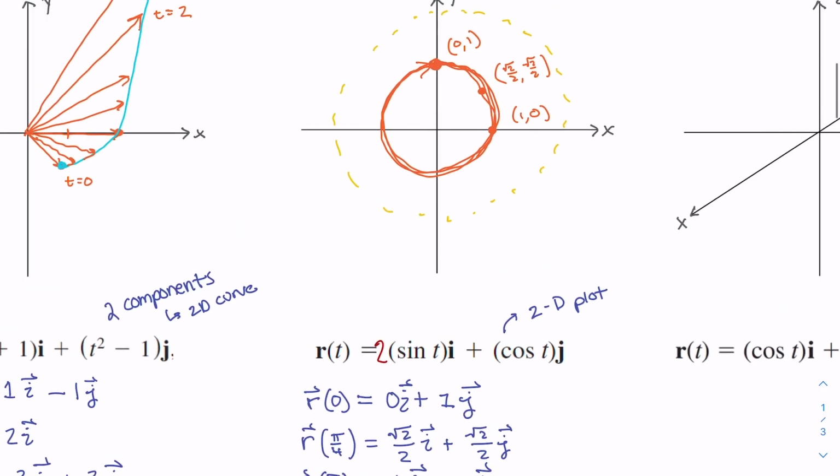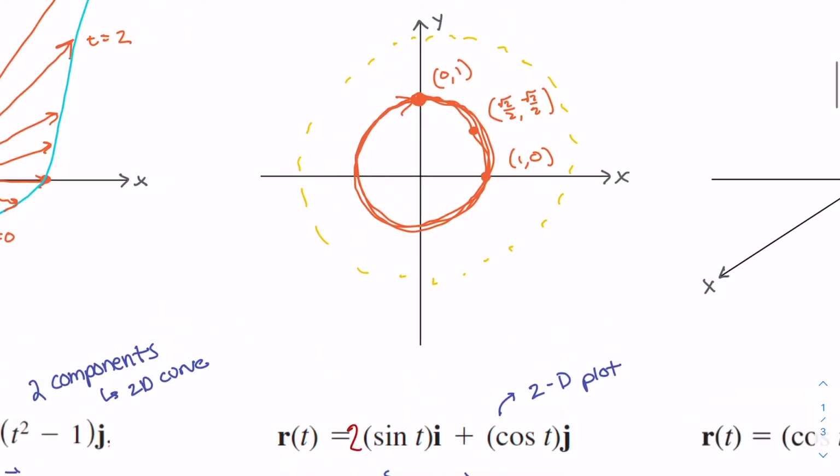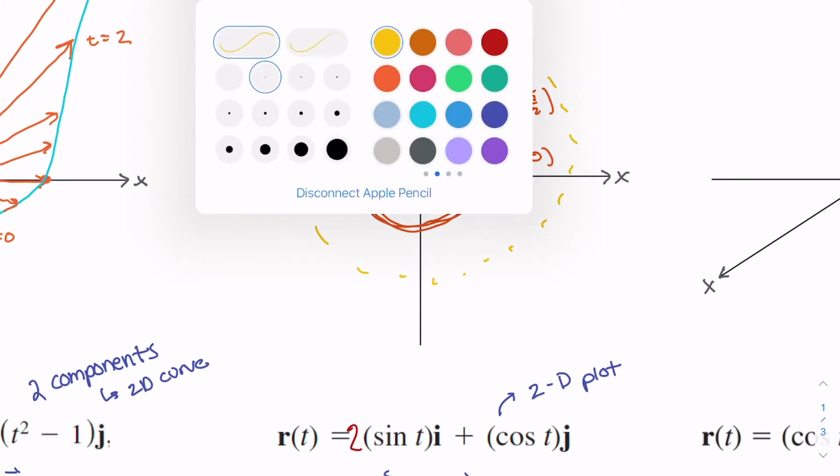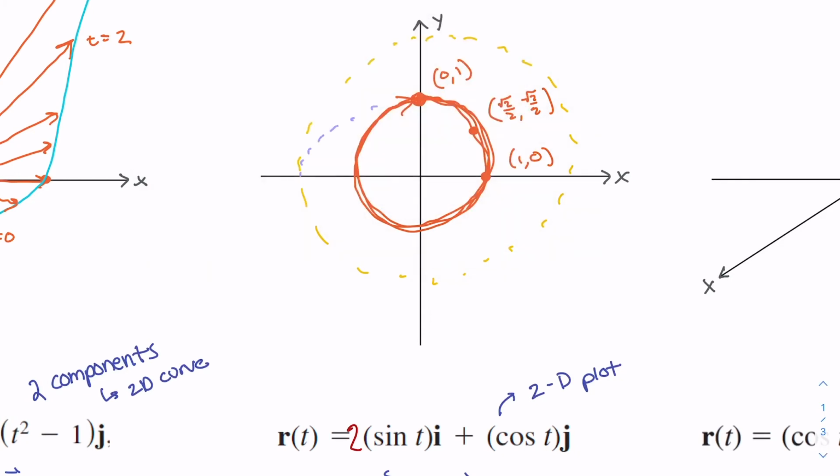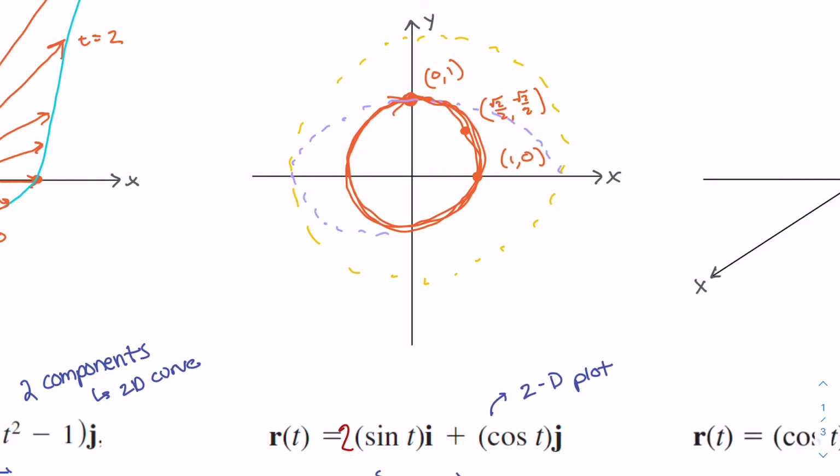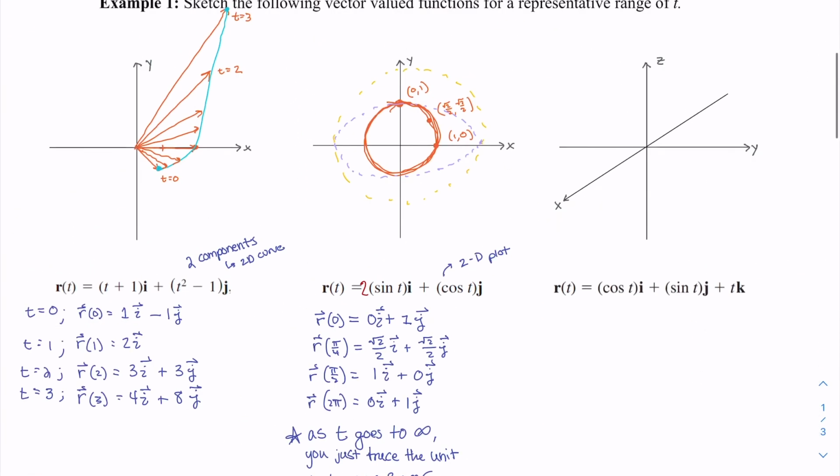And in this case, it would only double the i direction values. So it would actually only make it longer in the x direction, so it will kind of give you an ellipse. In this case, it would trace out an ellipse that looks like this. So those are some transformations you should become comfortable with for these vector-valued functions.